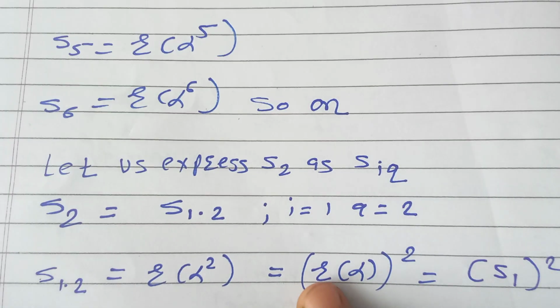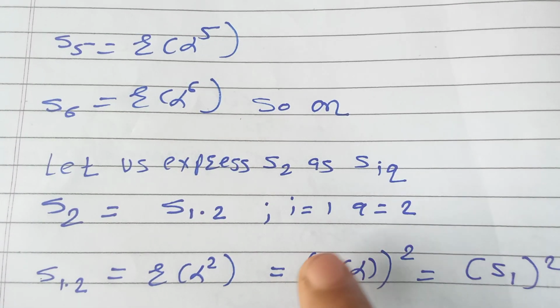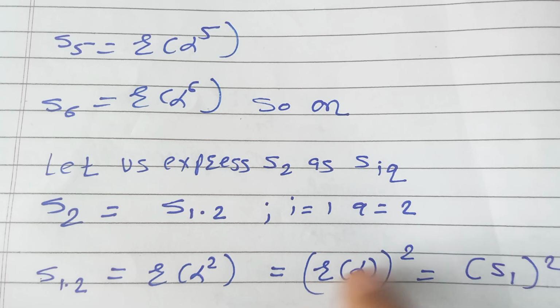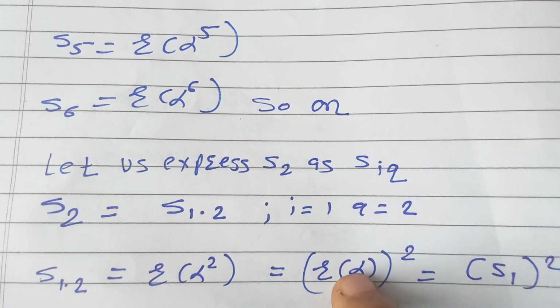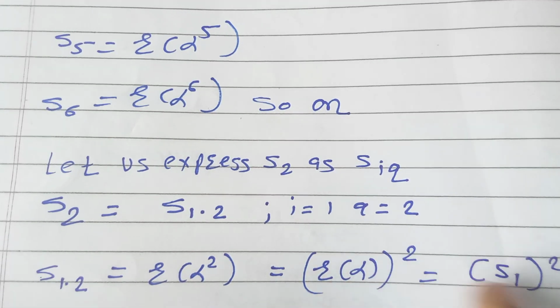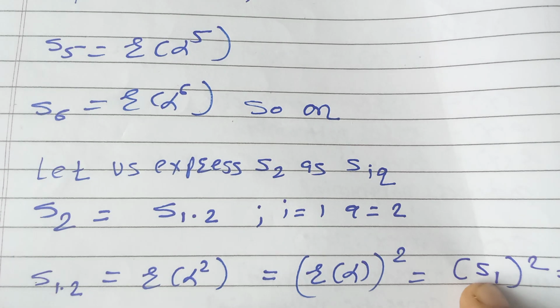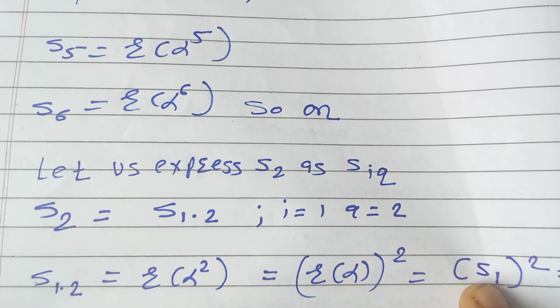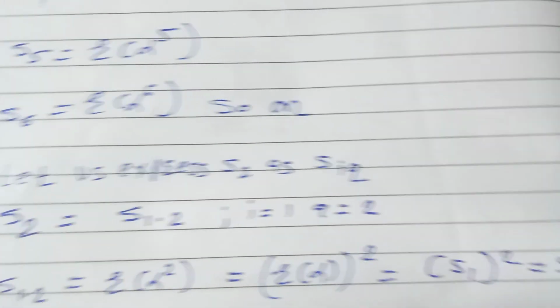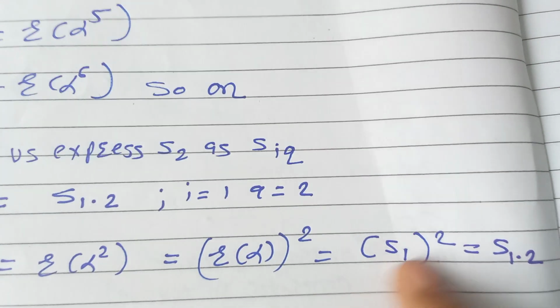This you can write as r(alpha) whole square, because the square will apply to alpha only. So what is r(alpha)? r(alpha) is nothing but S1, since alpha is to 1. So S1 square.